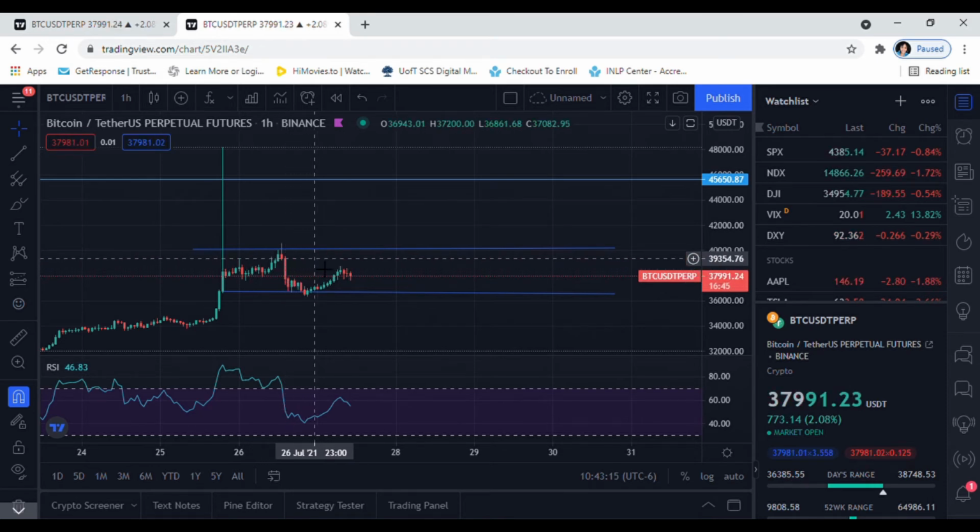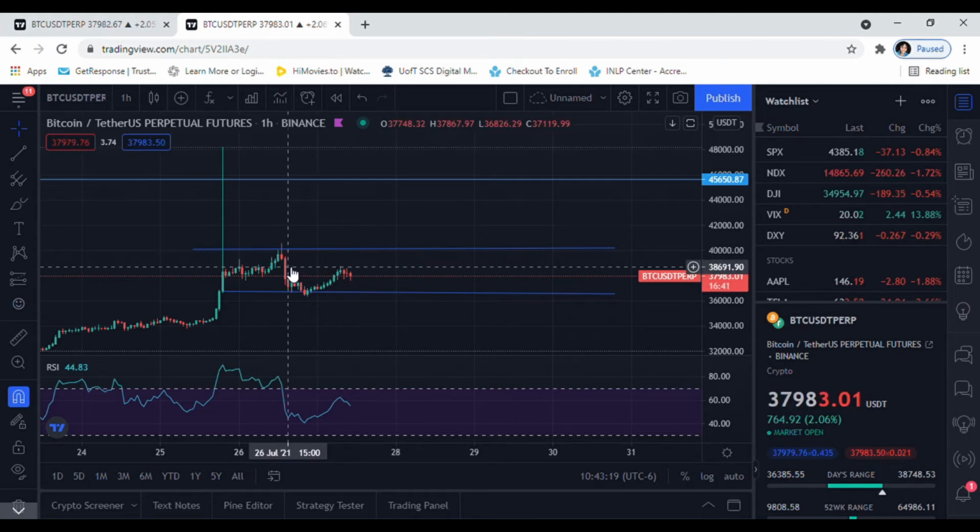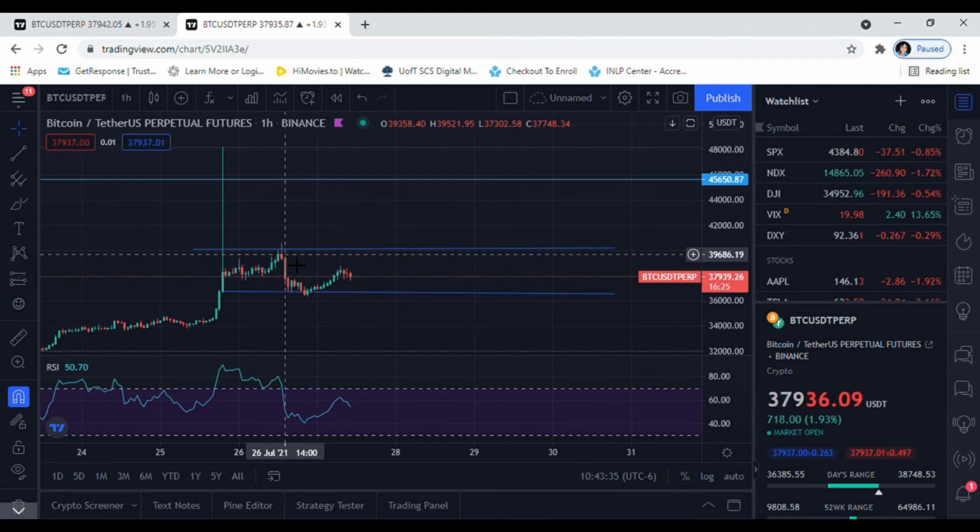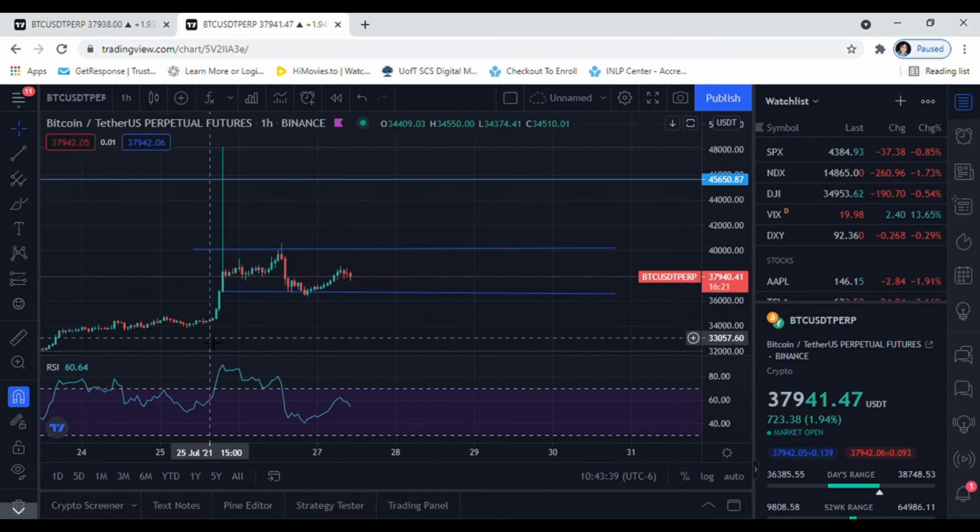You can see here it retraced a little bit up here, and I would enter there. Now you don't know exactly how far it's going to retrace, so wait for it to retrace maybe 1 or 2% back towards the resistance, and then you enter your trades there, and that's how you can make profit.